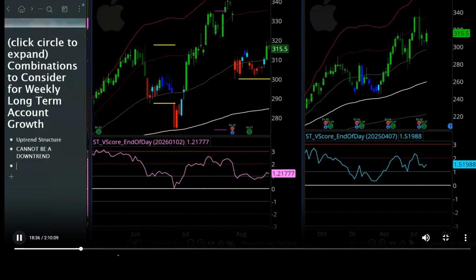So then I'll ask myself, well, where has the VScore shown support? Now I'm going to focus only on support because my long-term account growths are all bullish plays. So where has it shown support? Now, what about my and?